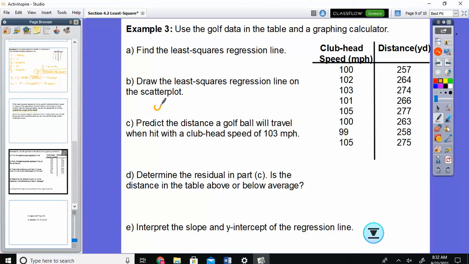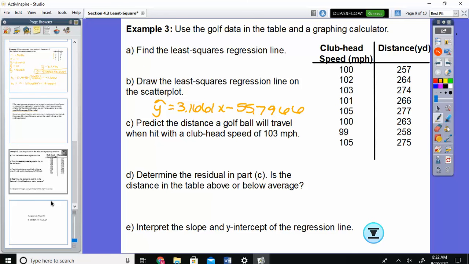So my equation y hat is 3.1661x plus b, which is negative 55.7966.